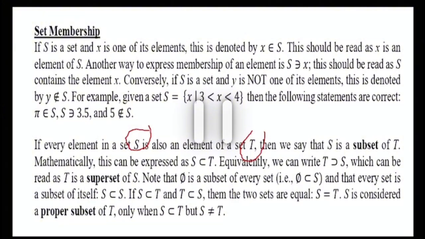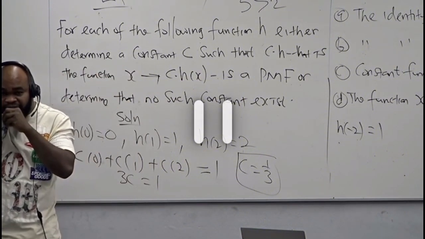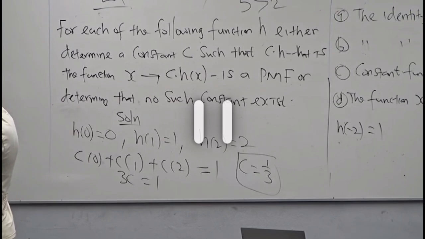If everybody here right now is attending this course and all of you are also attending another course, I'm seeing this class as a set S and another class as a set T. Then we say S is a subset of T.